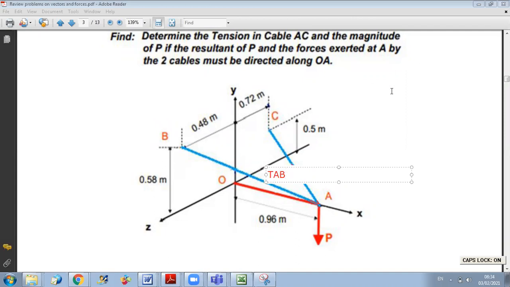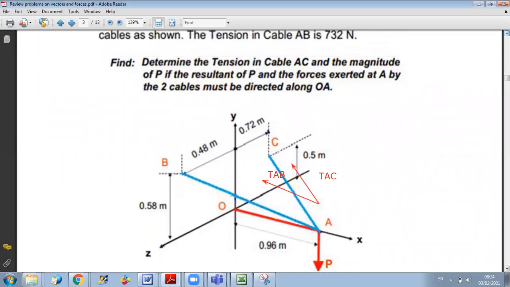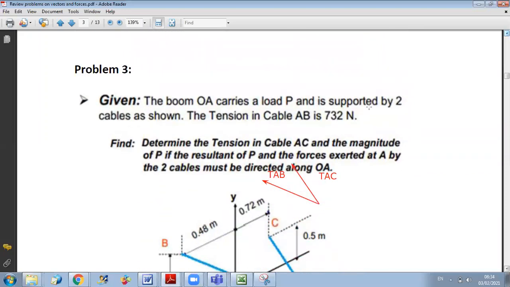Okay. And this is the tension in AC. Now, the question is that I want to, so let us go back to the question, okay? They gave me the tension in AB in magnitude, it's given. TAB is known, but TAC is not, okay?